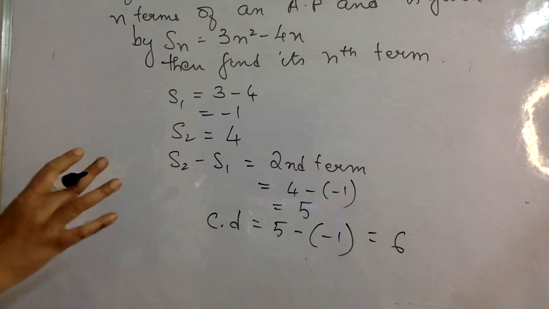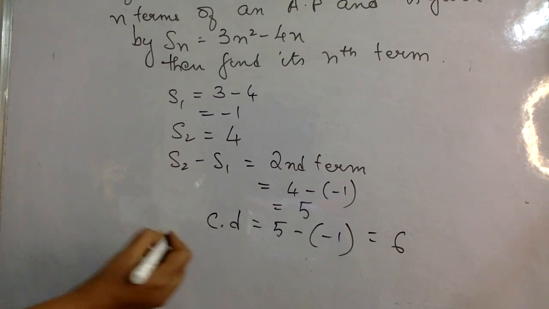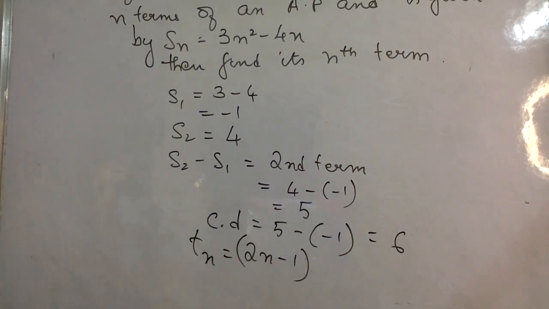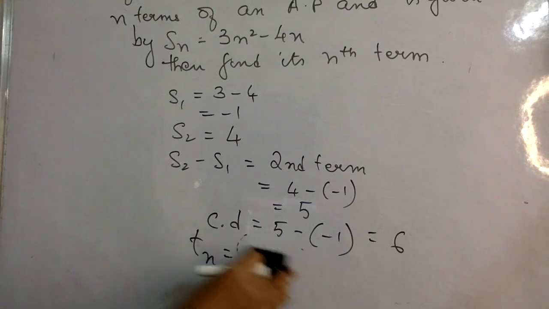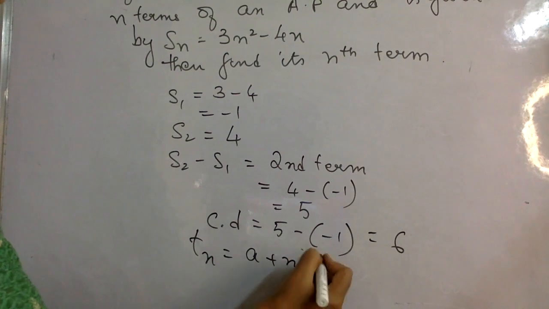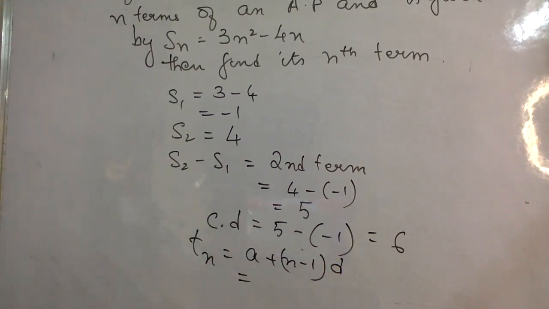Now this is one thing people go wrong. The nth term is a plus n minus 1 times d. And what is a? a is minus 1. So we keep n as n only, we can't change it, n minus 1, and the common difference d is 6.